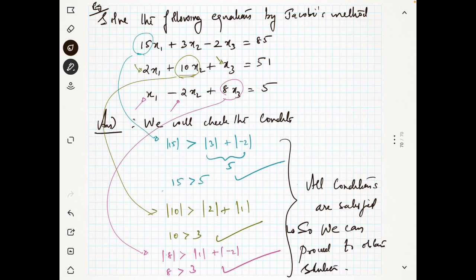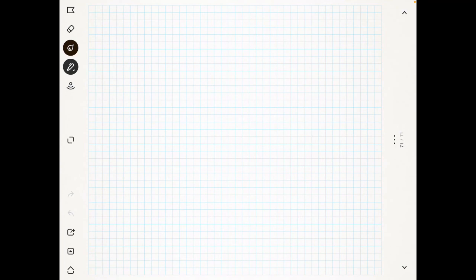So what I am going to do with this equation, I will rewrite the equations first. So what is that? 15x1 plus 3x2 minus 2x3 is equal to 85. Now 2x1 plus 10x2 plus x3 is equal to 51.